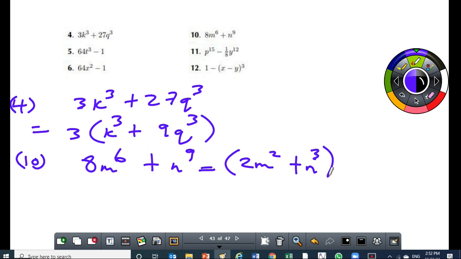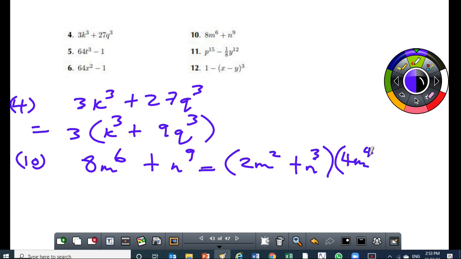Now we need to determine the trinomial. First thing, you have to square the first term. So that will be, if you square 2m squared, you get 4, and if you square m squared, you get m to the power of 4. That's the first term.